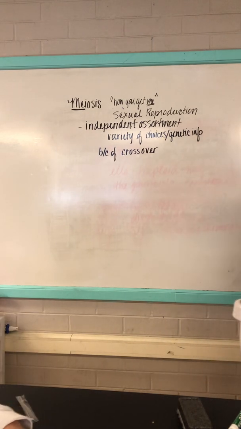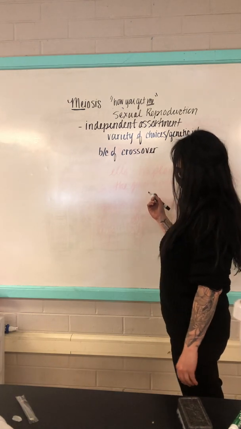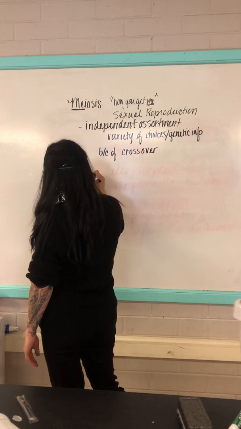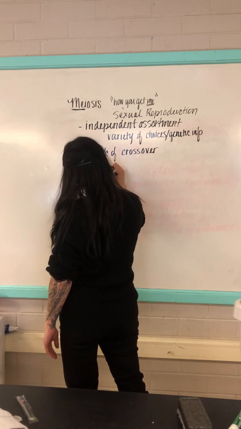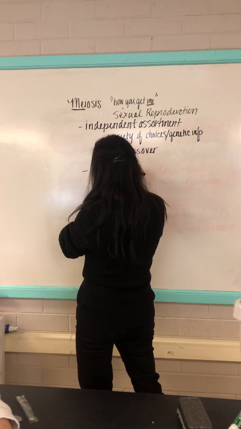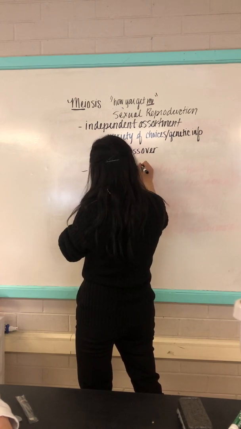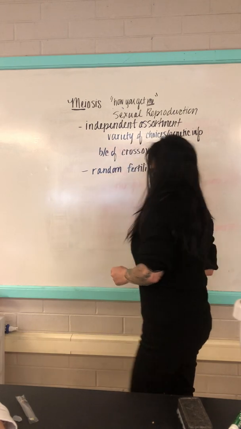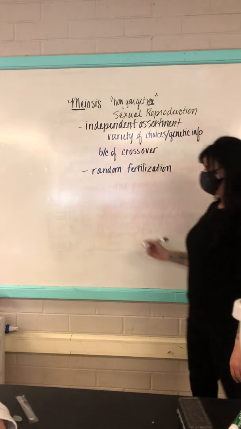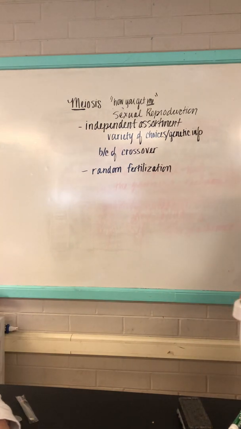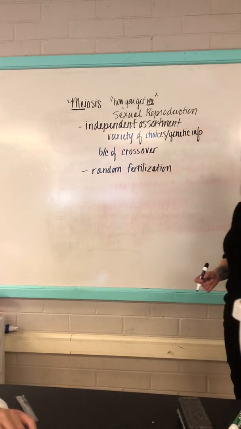And let's see, sometimes you hear them talk about random fertilization. What that's talking about is just the woman's ovaries can produce multiple eggs. Most of the time it's just one.